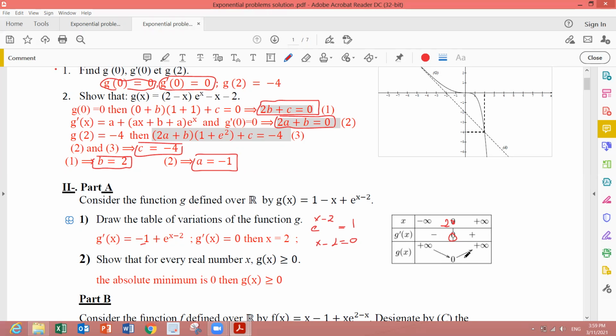Negative means decreasing, positive means increasing. Now g of 2 will be 1 minus 2 plus 1, we get 0.